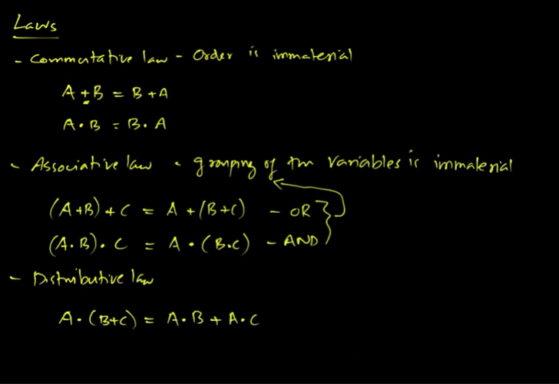So this is called the distributive law. Boolean algebra obeys the distributive law. So these are the three basic laws regarding Boolean algebra: the commutative law, the associative law and the distributive law.